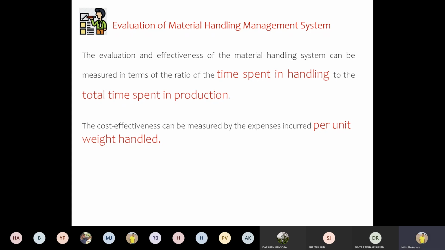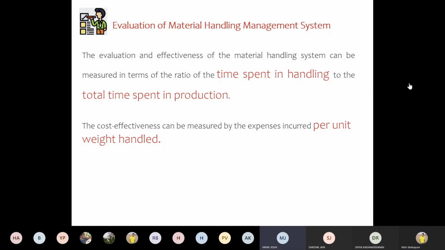There will be no delay, or you will never get late. So that waiting period is something related to handling, because handling is not efficient. Now it's clear? Yes, sir.